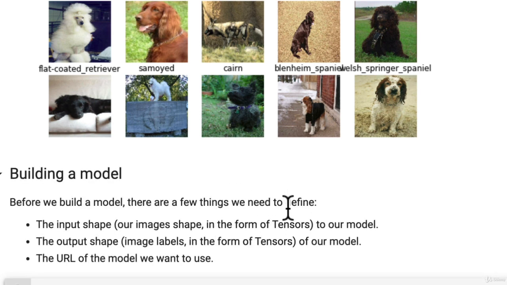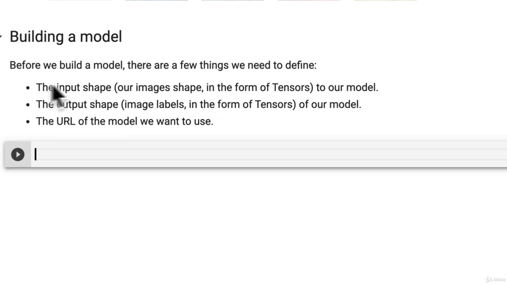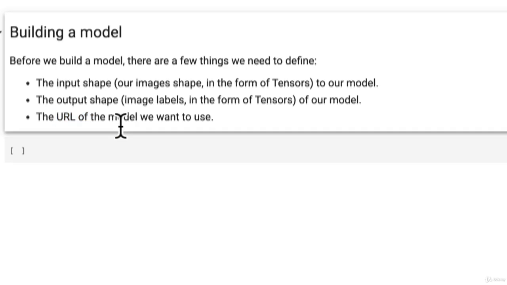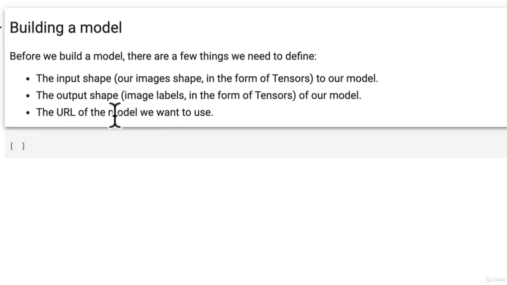And we'll turn this into Markdown. Wonderful. These three things, maybe not the URL. You might build a model from scratch, but we're using a URL so that we can get started experimenting as quick as possible. These three things will be standard practice with almost whatever machine learning model you use. Defining the inputs, defining the outputs, and defining the model. And because we're using TensorFlow, everything will be in the form of tensors.